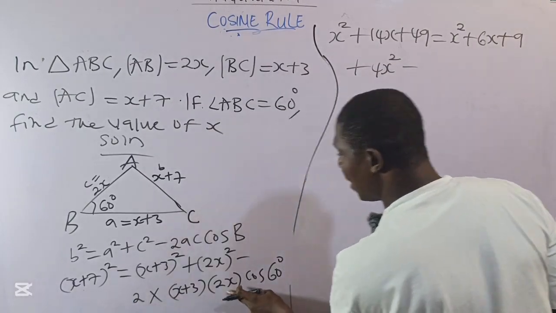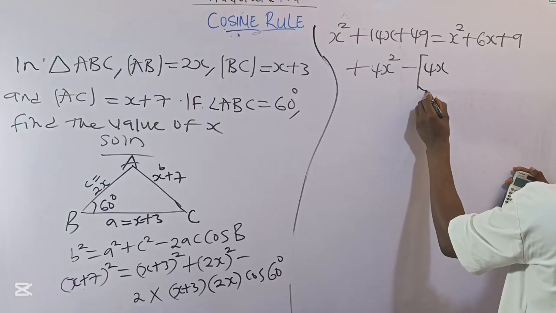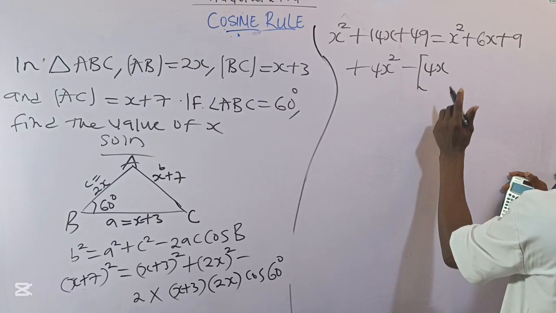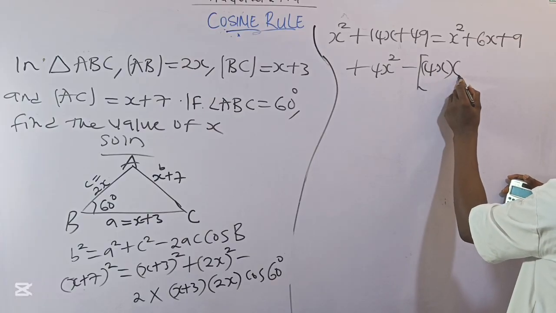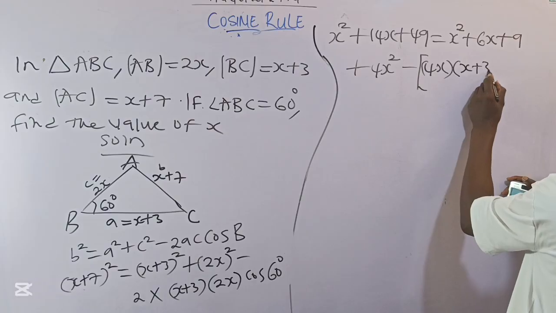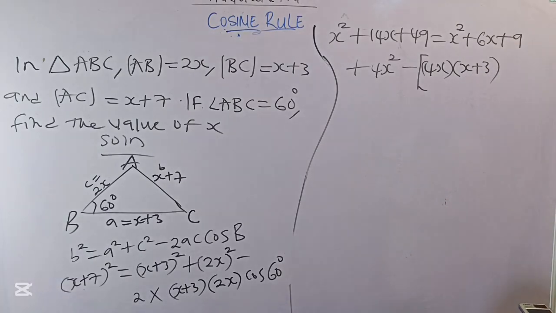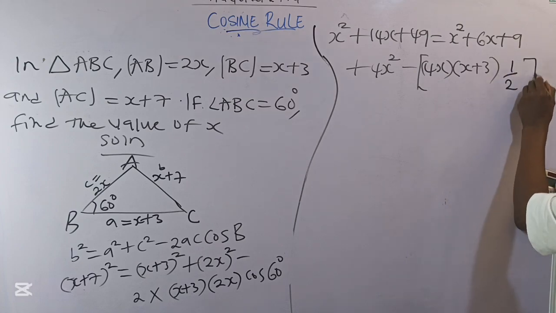I can multiply this first: 4s, use a square bracket, please, since there's a negative sign here, 4s in brackets, another bracket, s plus 3, and cos 60 gives me 1 over 2.